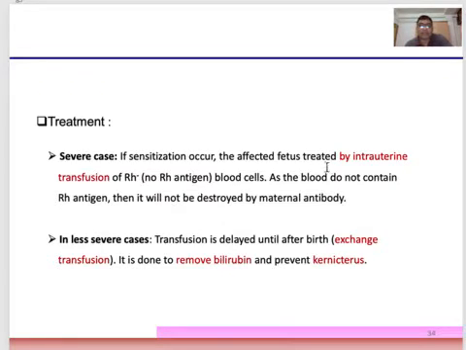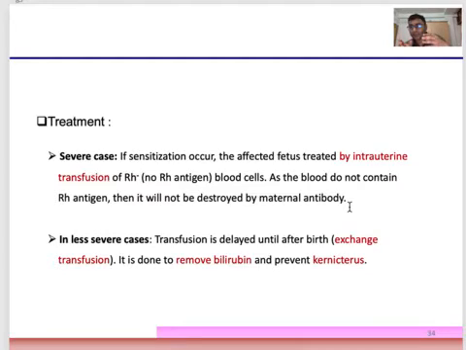As this blood does not contain Rh antigen, it will not be destroyed by maternal antibody. This is the treatment after sensitization has already occurred, when the fetal Rh antigen has already been attacked by the mother's antibody. In that case, the fetal blood cells will get lysed. It can kill the baby.